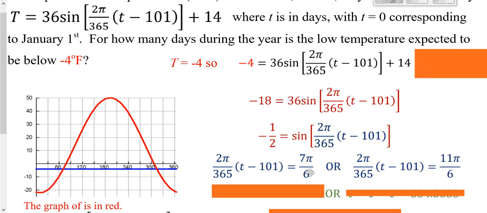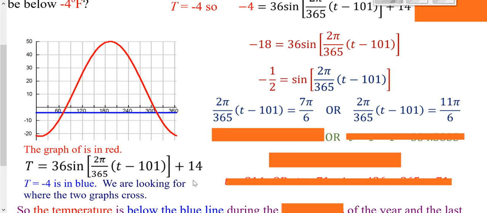Now, we don't necessarily have to go plus 2 pi n on each one of these. Could we? Yes. But remember, we're trying to figure out one full period, because one full period is 1 year, and we're looking for what's going on in 1 year. Now, if we do exact answers, we're going to get some really messy fractions, and we're looking at days, so we're going to want whole number days.